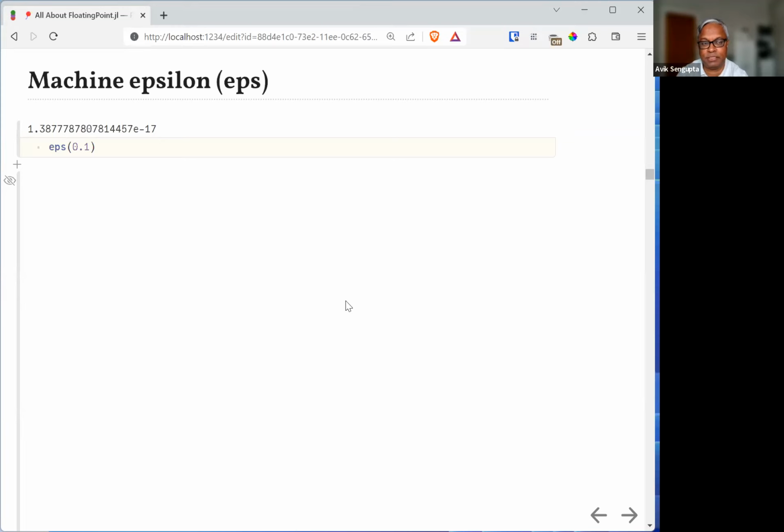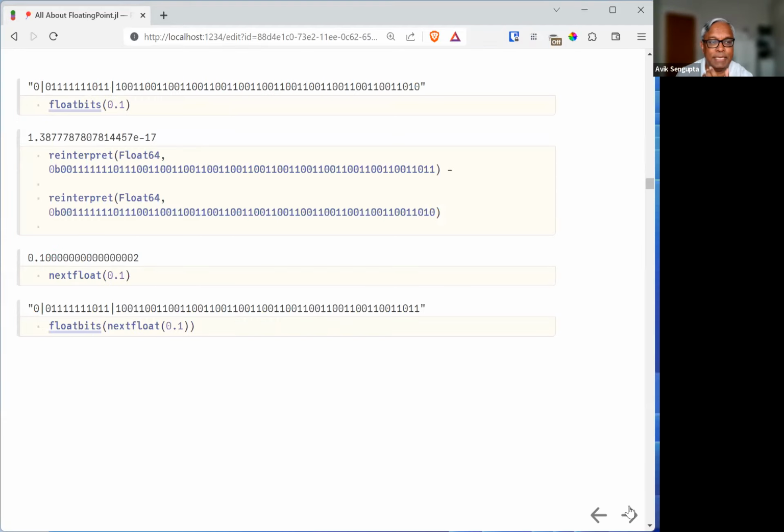So we saw that 0.1 and 0.000000001 are not representable separately. But then what's the next number that is actually representable? If you find that, the difference between 0.1 and that number is 1.36 into 10 to the power minus 17, and that's the definition of EPS.